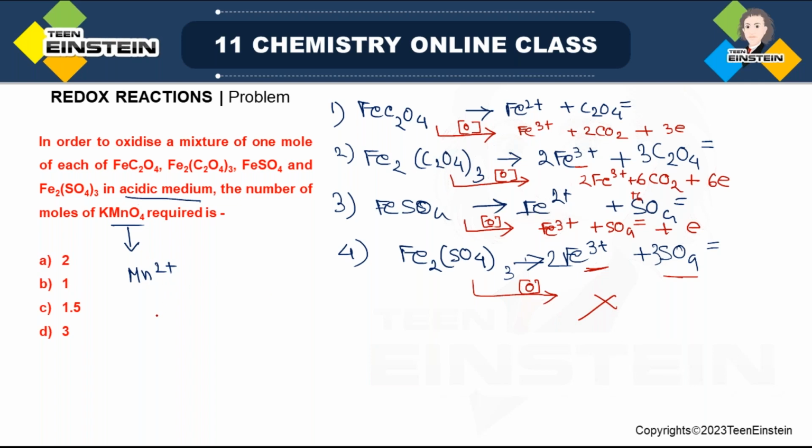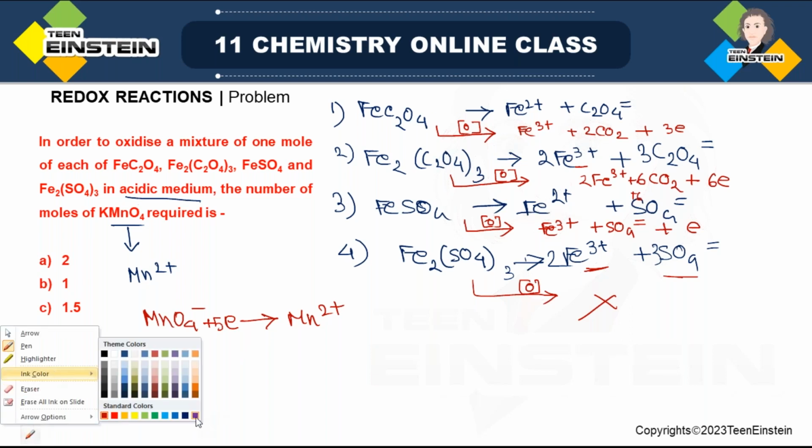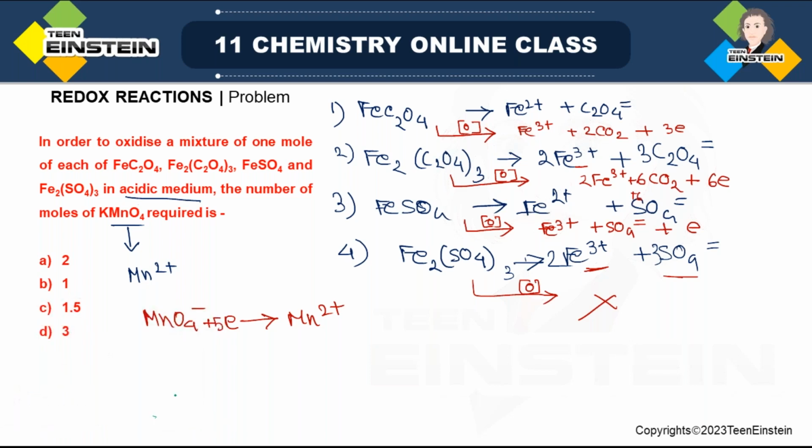Now for Mn2 plus, we know MnO4 minus is converted to Mn2 plus, and in this case we know a total of 5 electrons are involved, right? Now when 5 electrons are involved, look at the first equation. It is basically a lengthy question, it will take some time. Just forget about all the other equations, just focus on the first equation. It is involving 3 electrons and it is 5 electrons.